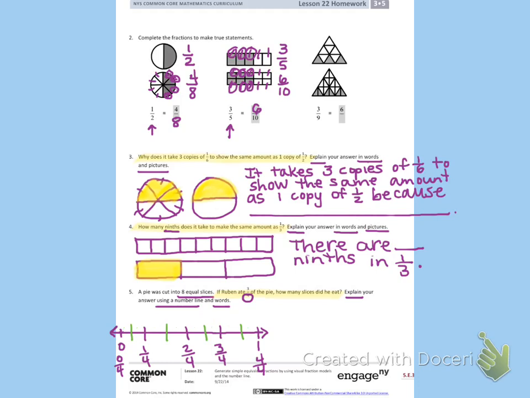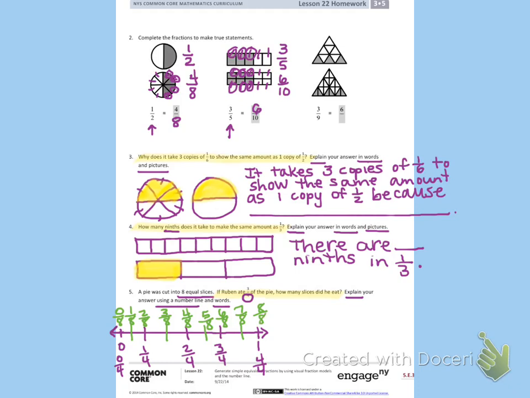Now I'll label the number line with eighths above. 0/8, 1/8, 2/8, 3/8, 4/8, 5/8, 6/8, 7/8, 8/8.